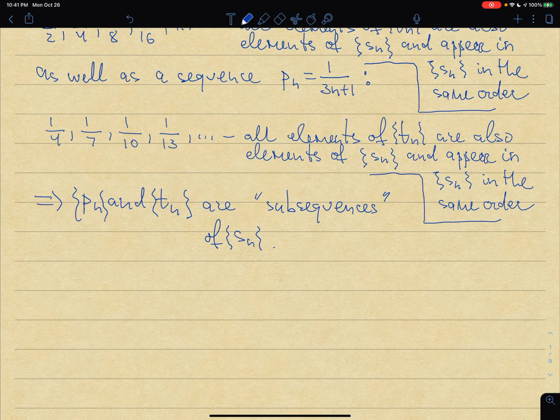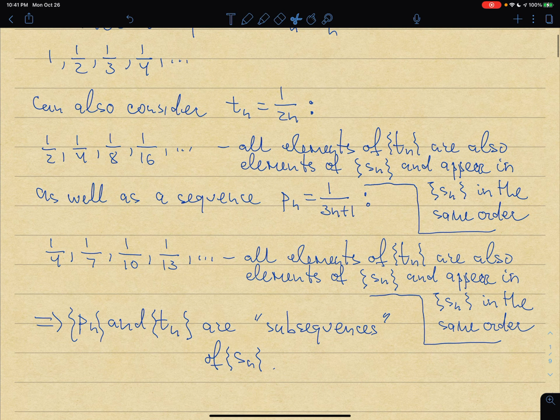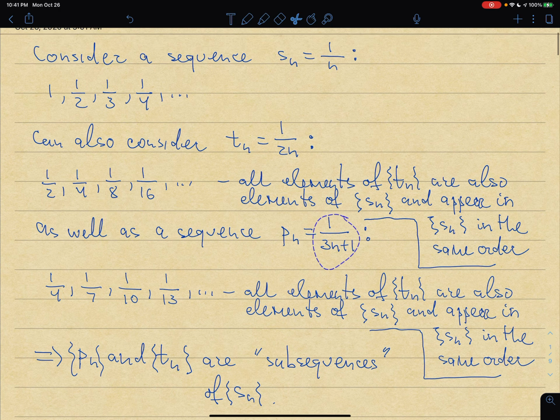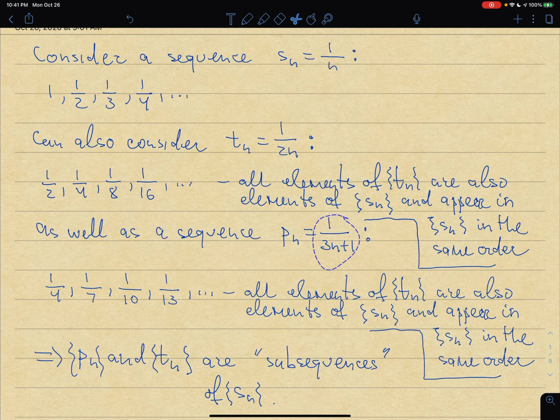And clearly I can produce infinitely many subsequences like this, right? Because I can take a subsequence 1/4n plus 1, or a sequence of 1/16n. There is an infinite number of recipes by which I can extract only certain elements of my original sequence Sn, right?